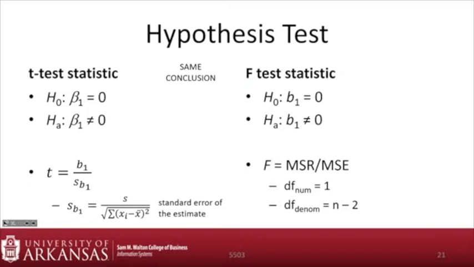So our null hypothesis is that our slope is 0. If we were to write this out in words, we could say that our slope is 0, or you could say that there's just no relationship. And remember, this is going to be a linear relationship.